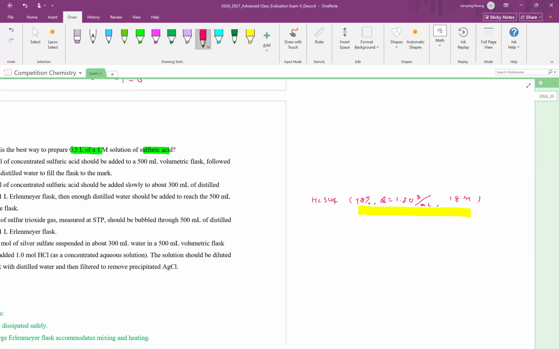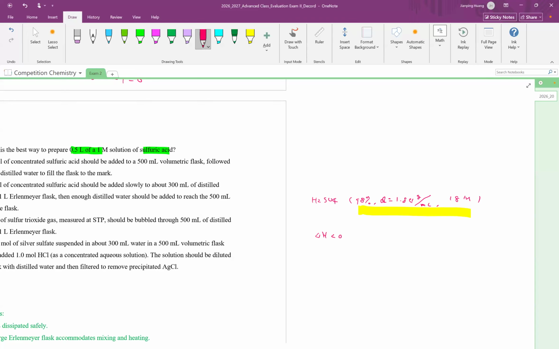When we dilute from more concentrated to less concentrated, always add the acid to water, slowly. At that time, delta H is negative, and it will release lots of heat. Now you have to let it cool down to room temperature.